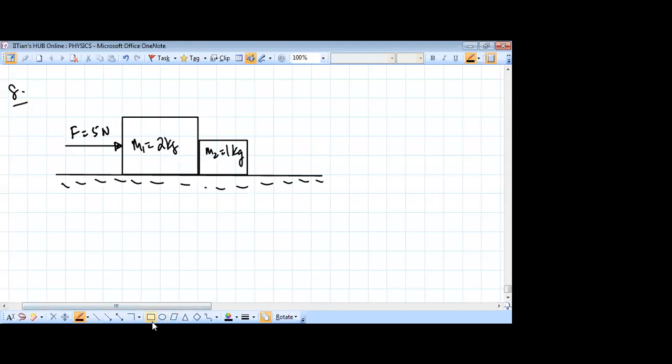Now I'll just quickly explain to you how the blocks interact. Since you are pushing from here, this block will push against this block. So whatever acceleration this has, this will have the same acceleration. They will move together.